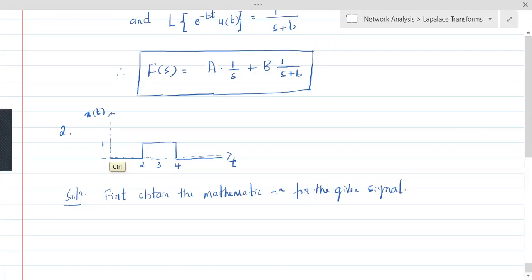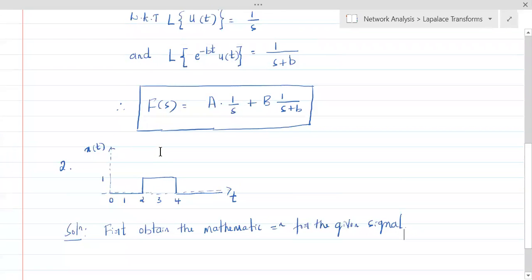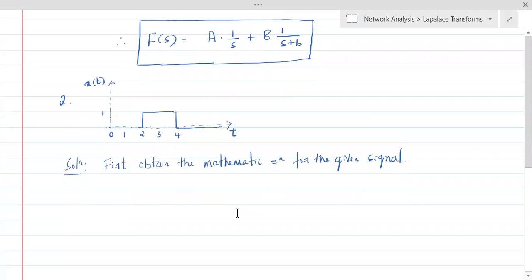We have to express this mathematically, using which basic signal this signal can be expressed mathematically is the question. Everybody see here, which basic signal can be used to represent this mathematically is the question.